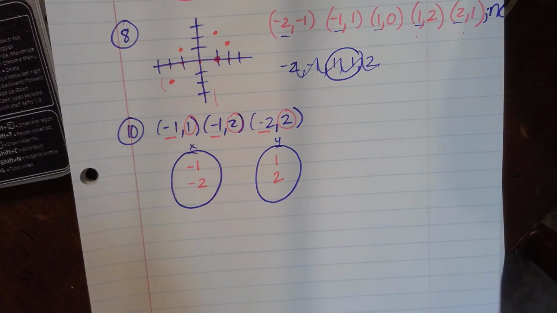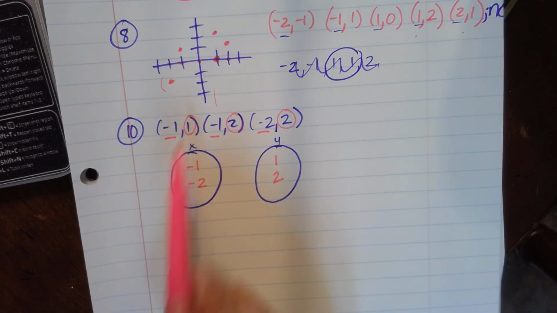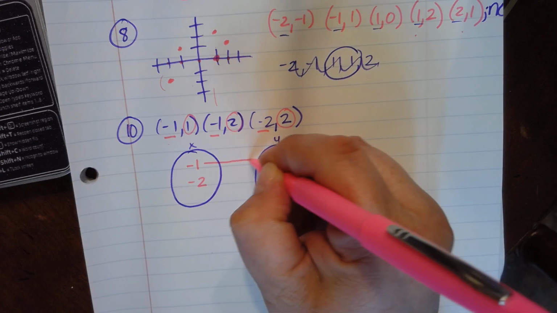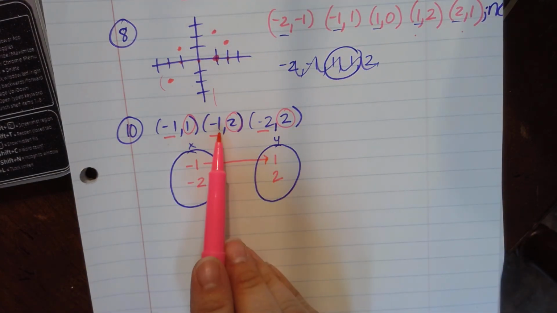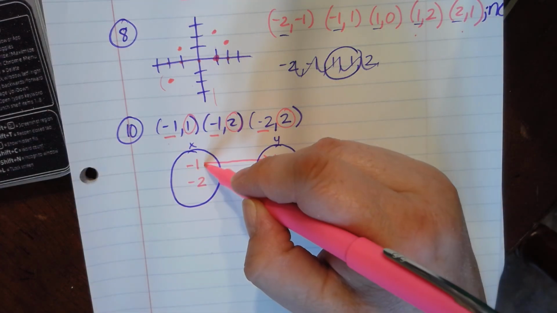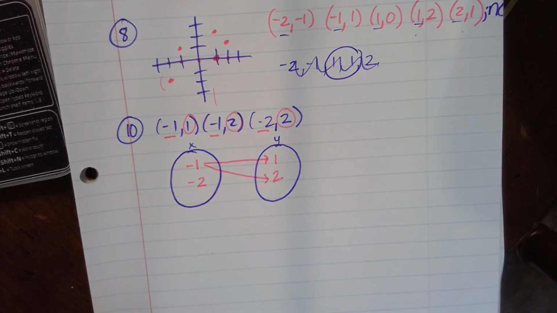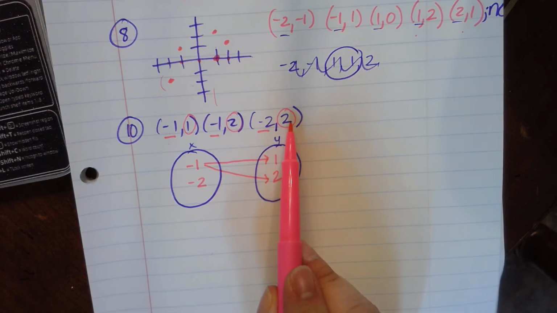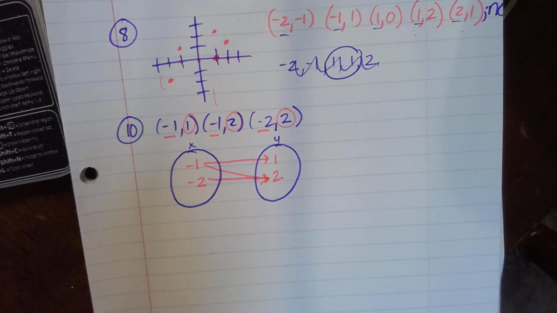And then I am going to draw lines to connect them. So I've got a -1, +1. So I'm going to draw one line here and connect these two. On my second coordinate, I've got -1, 2. So from this same -1, I'm going to draw my line there. And then from the last, I've got a -2, +2. So I'm going to draw one line here.